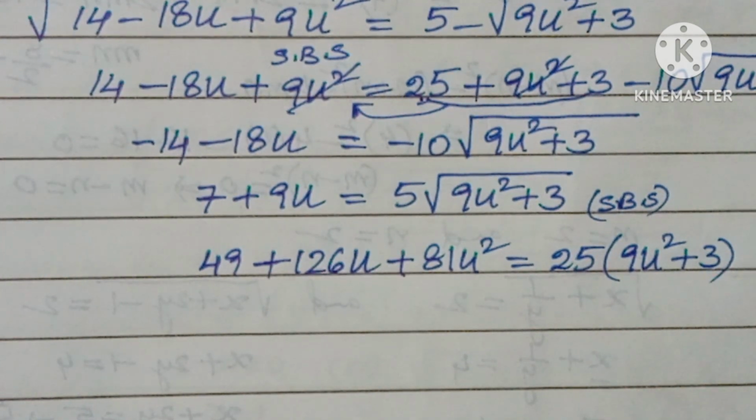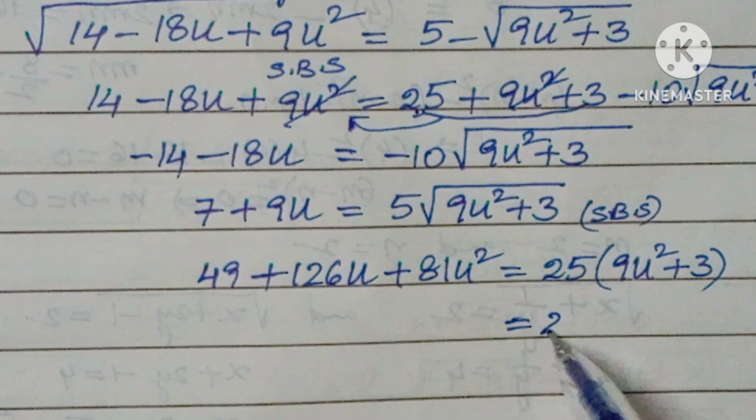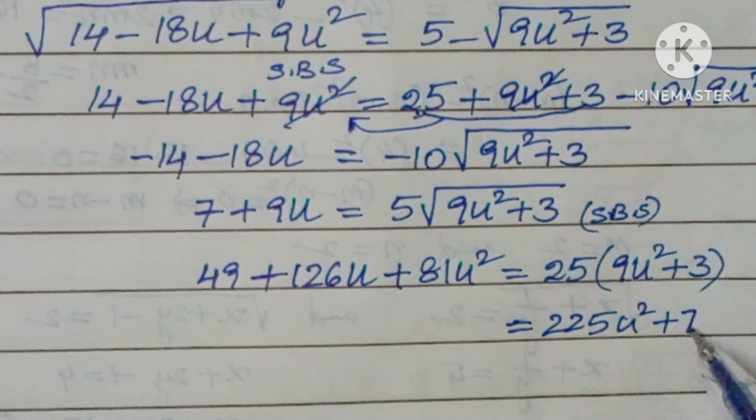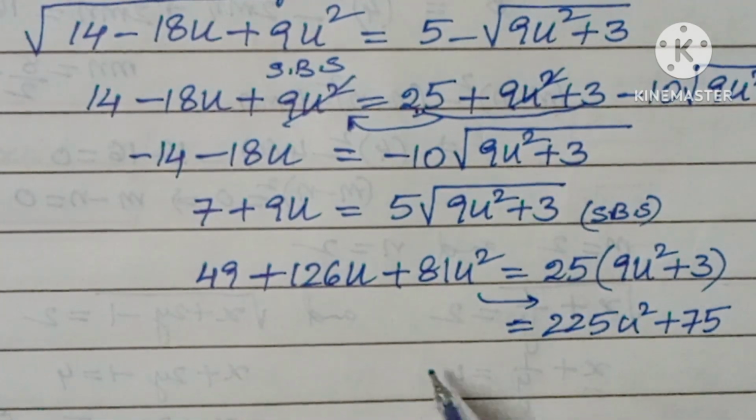Here 25 into 9 gives 225u square plus 75.